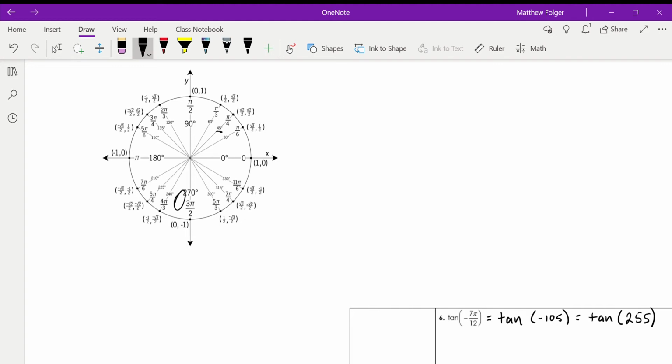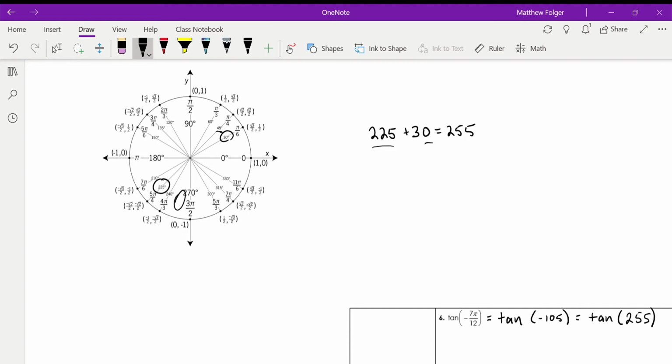Now, there's more than one answer here. One way to do this would be to look at, all right, let's say we know 225. That's right here. 225 plus 30 is 255. So we can use 225 and 30 because we have both of those on the unit circle. We could subtract.